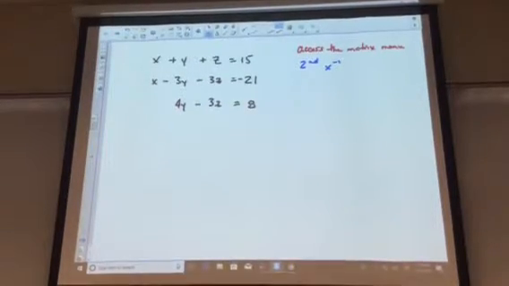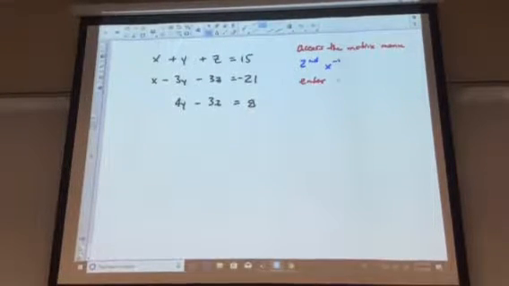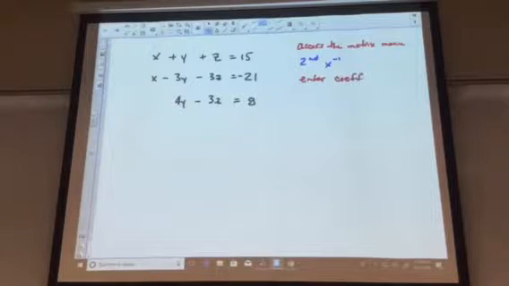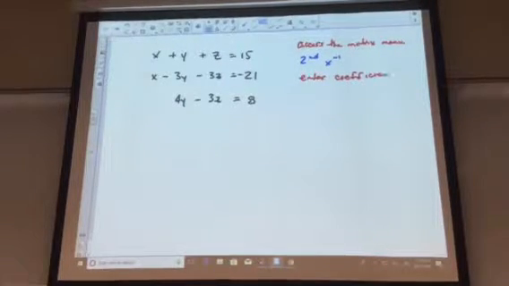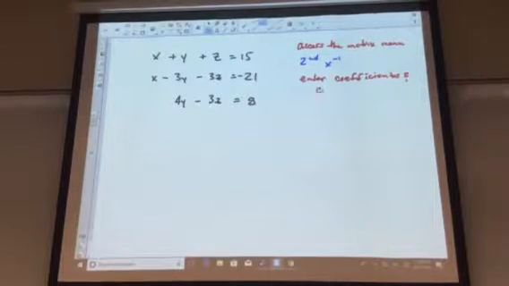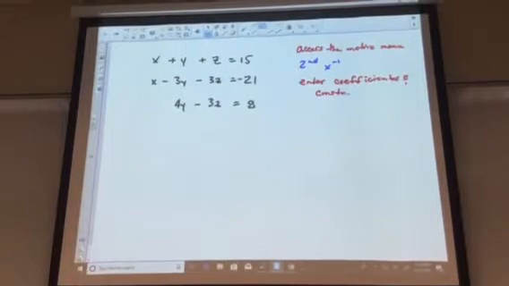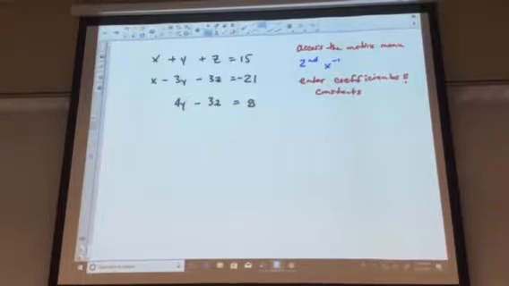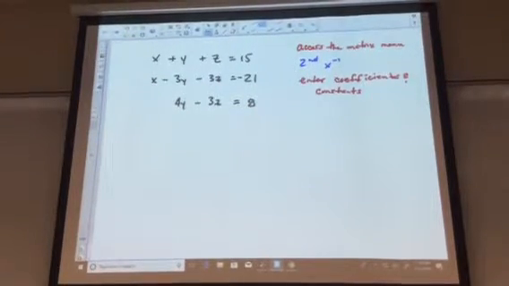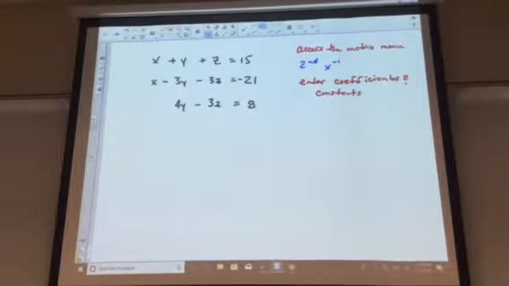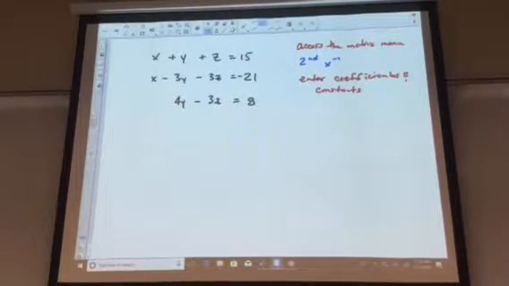And after accessing the matrix menu, we're going to enter the coefficients and constants. Now that's probably going to require us to define or redefine what the size of the matrix is that we're using, but that's all part of entering the information you have in the problem.